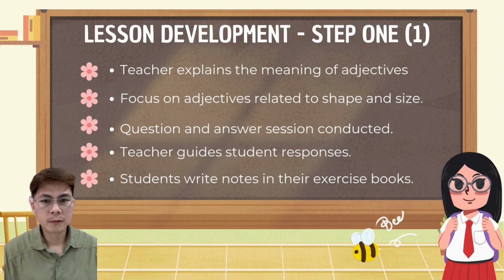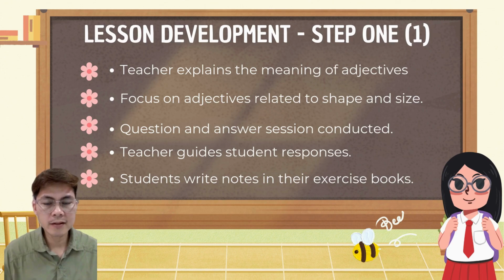Now I will move on to lesson development Step 1. In this step, the teacher explains the meaning of adjectives, especially adjectives related to shape and size. The explanation is done using simple language and examples that students can easily understand.